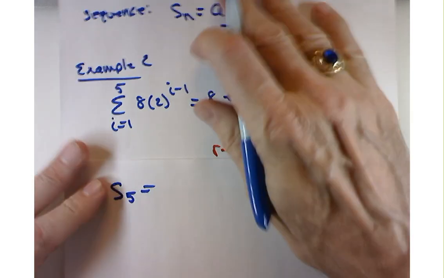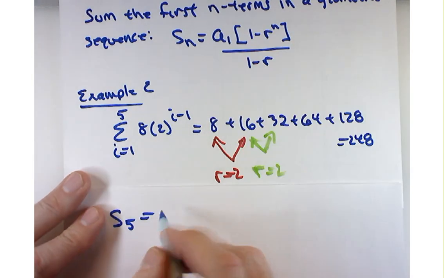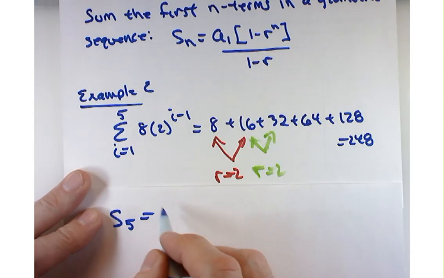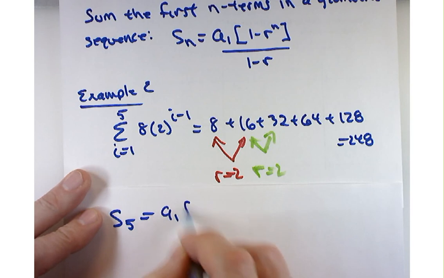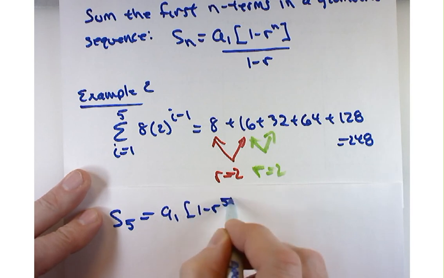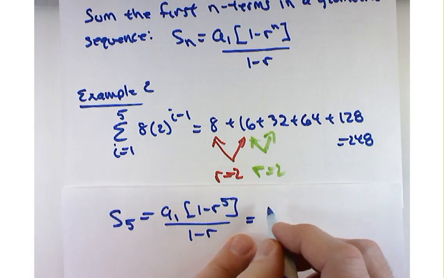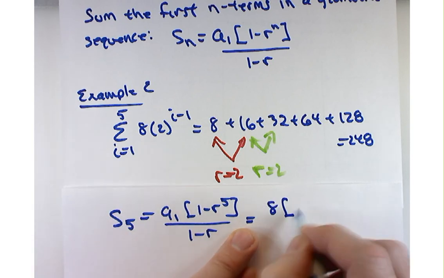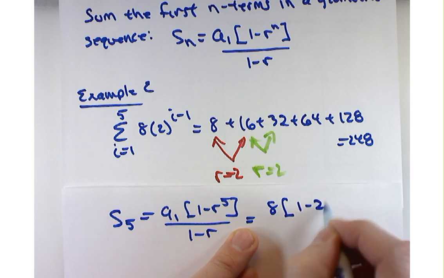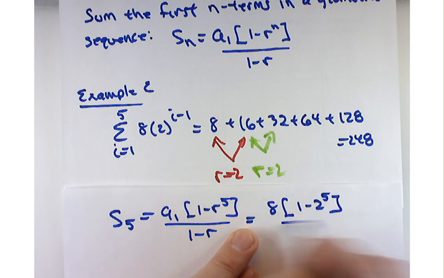S sub 5 is going to be A sub 1 times 1 minus r to the 5th power over 1 minus r, which in our case is going to be 8 times 1 minus 2 to the 5th power over 1 minus 2.